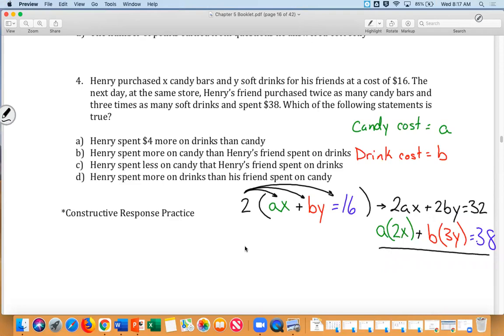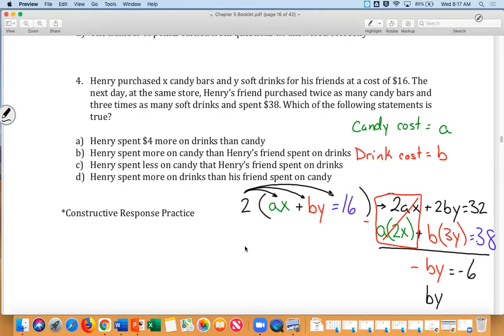So I'm going to subtract. Do you see why? If I subtract, these guys are going to cancel out. 2by minus 3by is negative by, equaling negative 6.